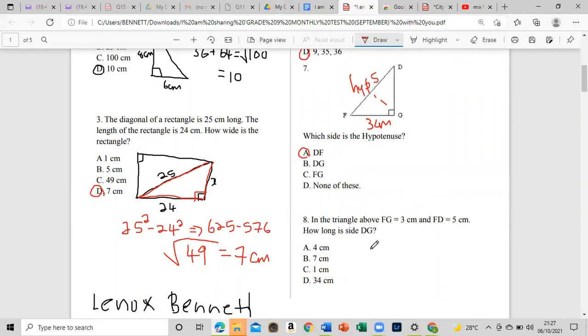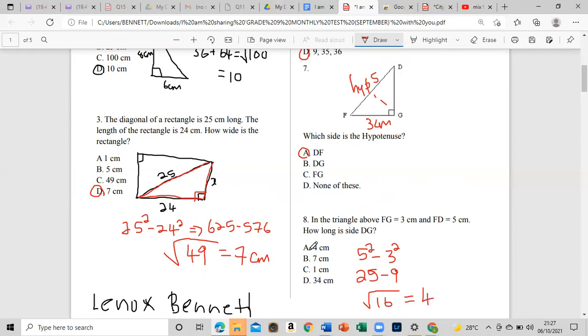So we know that it would be 5 squared minus 3 squared. It's a triplet, so we're always going to get 25. So it's 25 minus 9, that's the square root of 16. So therefore, it is equal to 4. As we just did up here, 3, 4, 5.